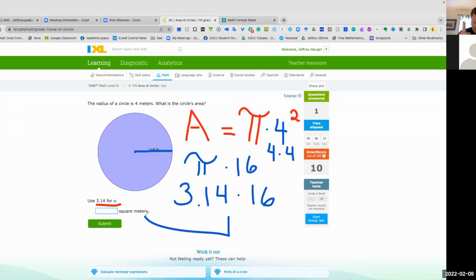It'll always be a decimal. Well, not always, but it'll be a decimal. And when we get a decimal on the calculator, it's kind of like, I don't know if I did that right. With circles and pi, we're going to get decimals, so we have to be okay with that. So 50.24.